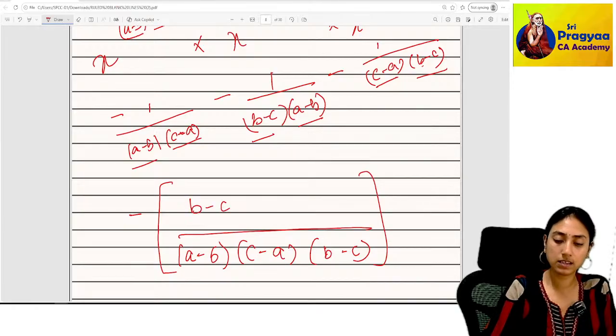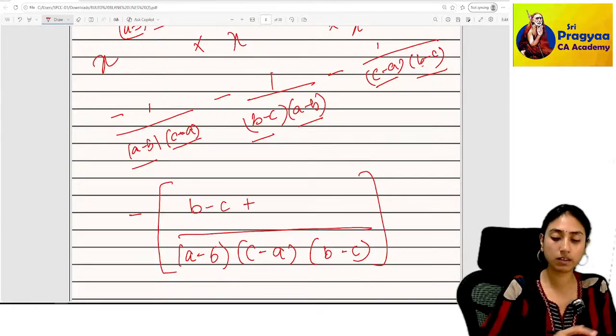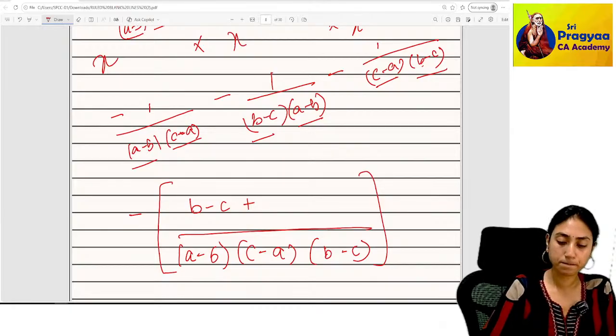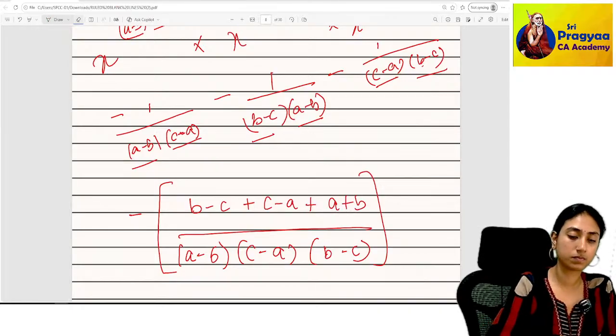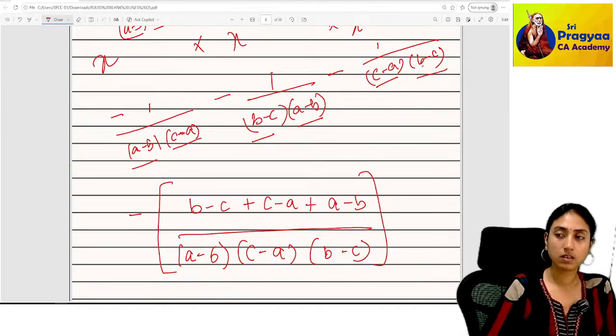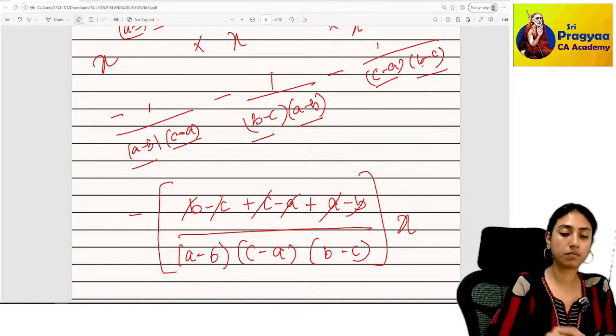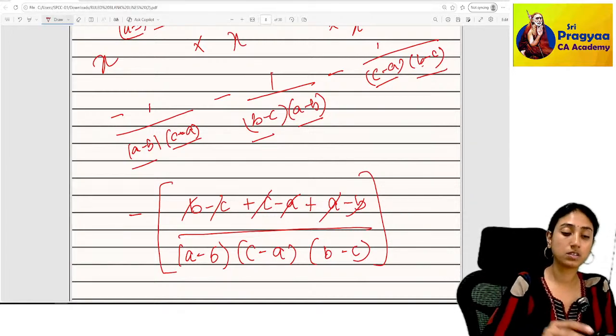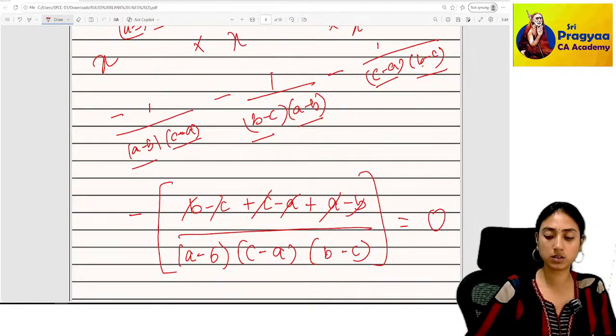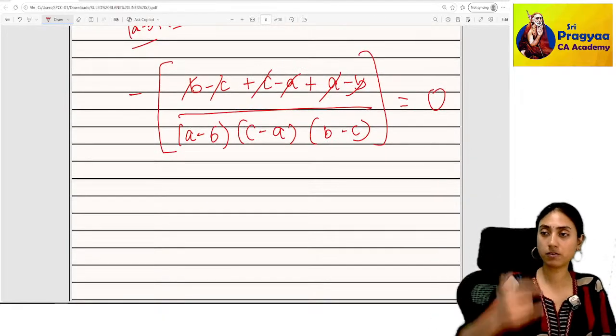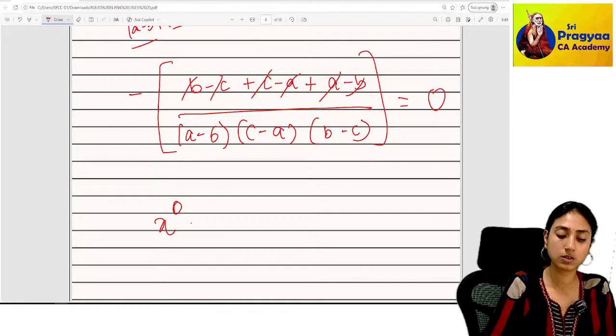B minus C plus C minus A plus A minus B, over B minus C into C minus A. Everything will get cancelled out. So this term will render to 0. This term will render to 0. This is all power of x. So x power 0 is equal to 1.